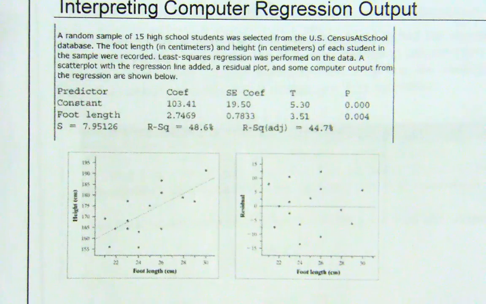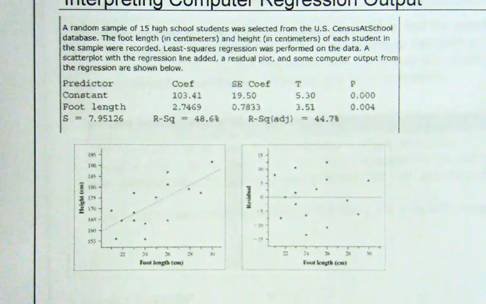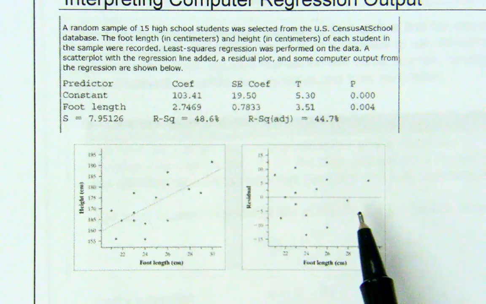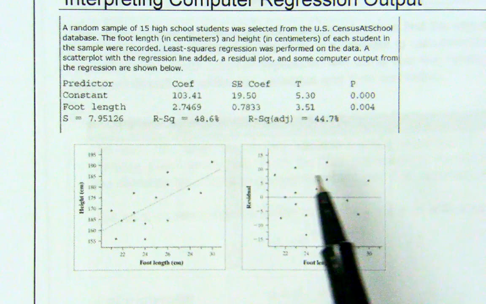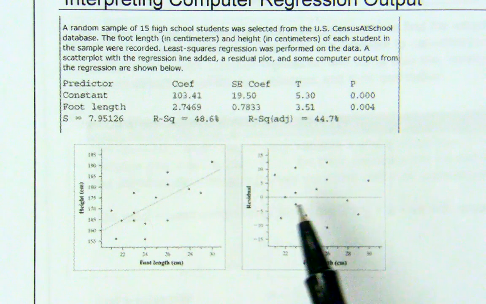Okay. All right. So interpreting, it gives you a random sample of 15 high school students selected from the U.S. Census. Each student has a sample below. Least squares regression was performed. A scatter plot with a regression line, and here's a residual plot, which means, yay, we can actually use a line to model our data because we do not have a pattern in the residual plot.